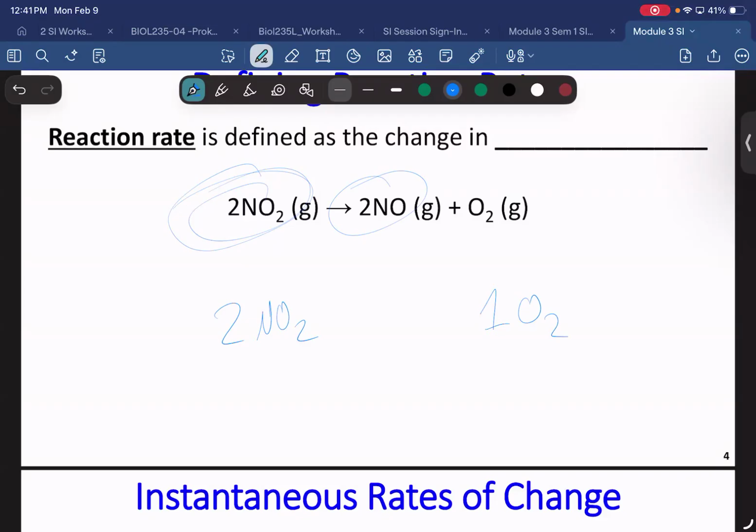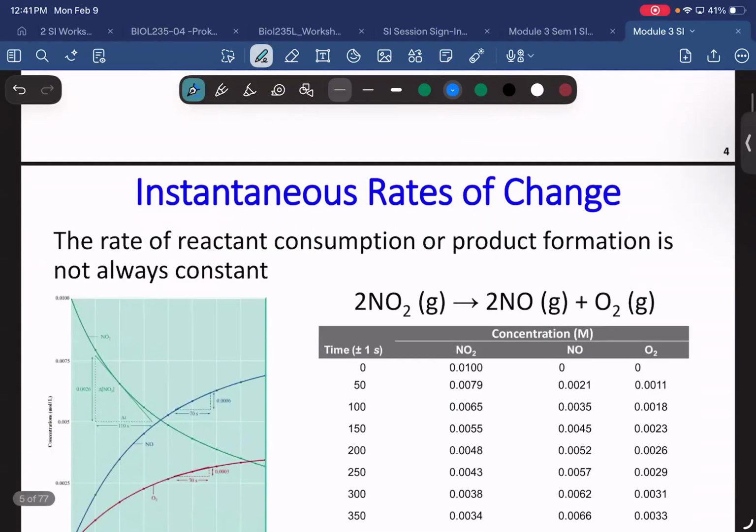So you could say that the rate of disappearance of nitrogen dioxide is double the rate of appearance of oxygen. Or likewise, the rate of appearance of oxygen is 1/2 the rate of disappearance. It's a bunch of semantics, but they could ask a question like that.